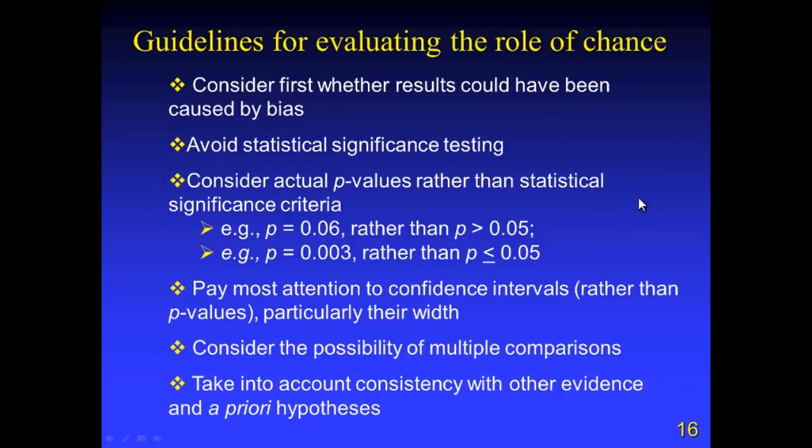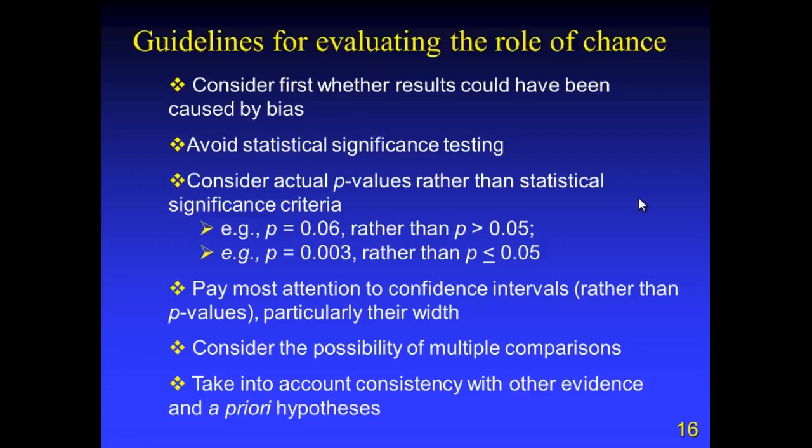So I want to conclude this series by giving you some very brief and summarized guidelines for evaluating the role that chance might have played in producing the study results that you obtained or somebody else obtained. Now the very first consideration is whether or not the results could have been caused by bias.